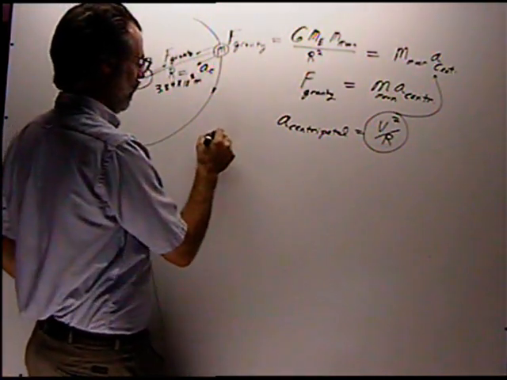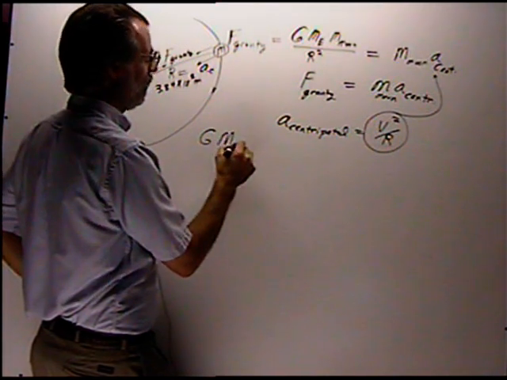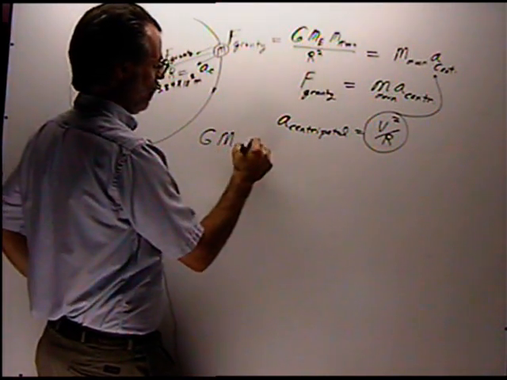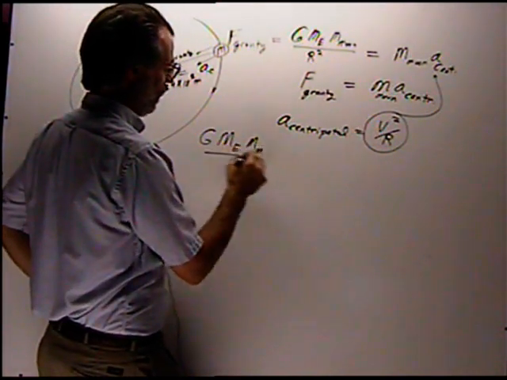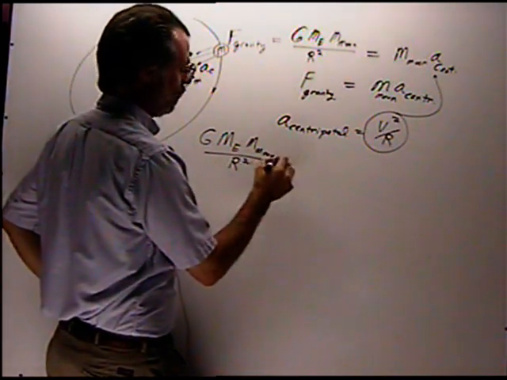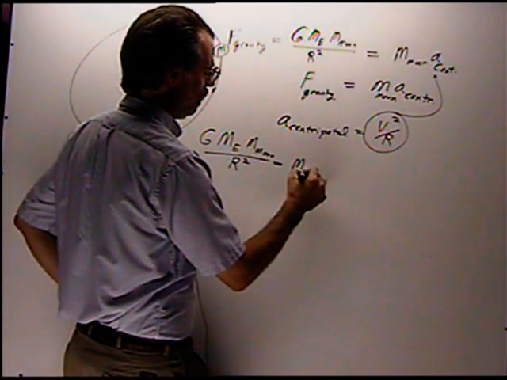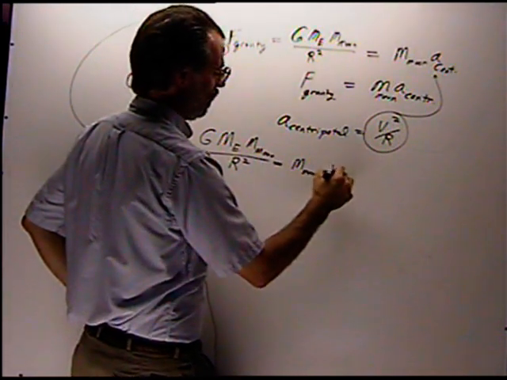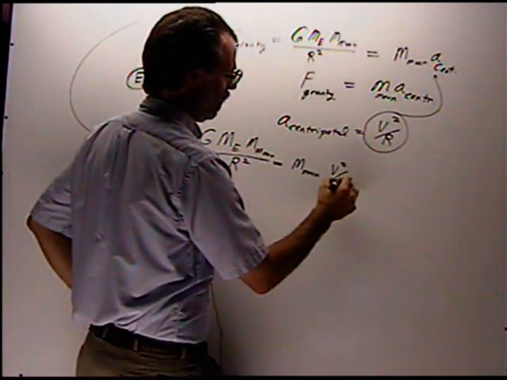So we have G, the mass of the Earth, times the mass of the moon, divided by the radius squared, equals the mass of the moon times v squared over r.